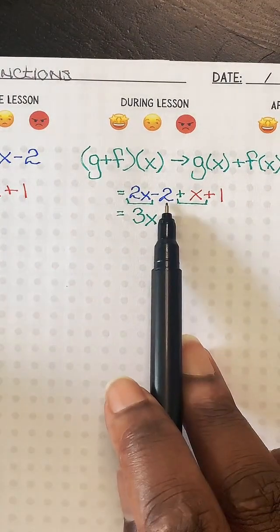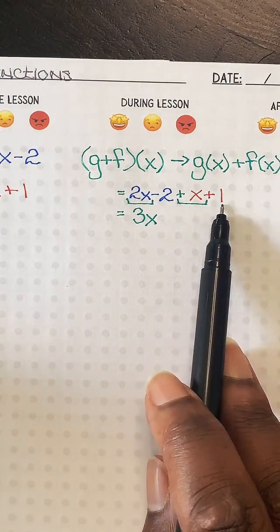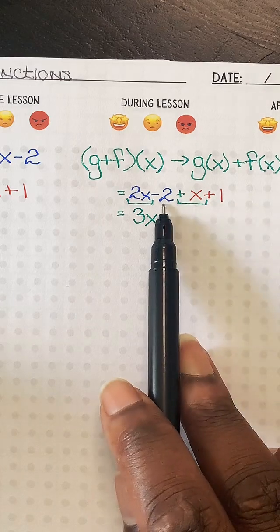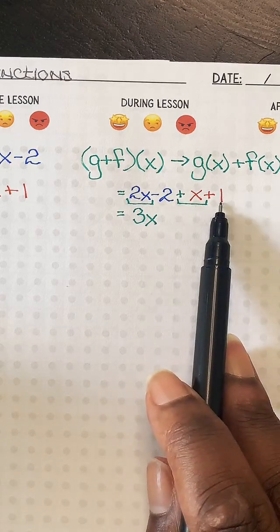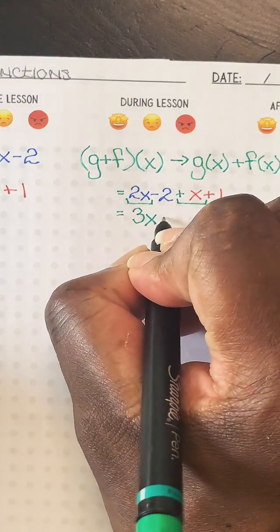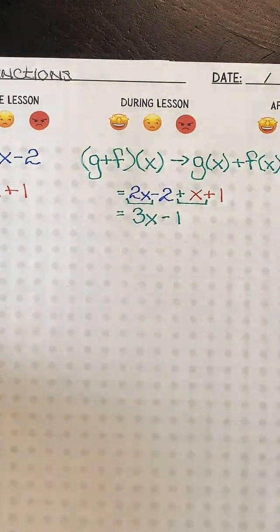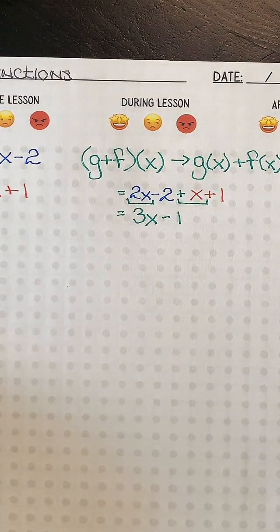Now I have a negative 2 plus 1. If I owe somebody $2 and I paid them $1, that means I still owe them $1. Negative 1. Good.